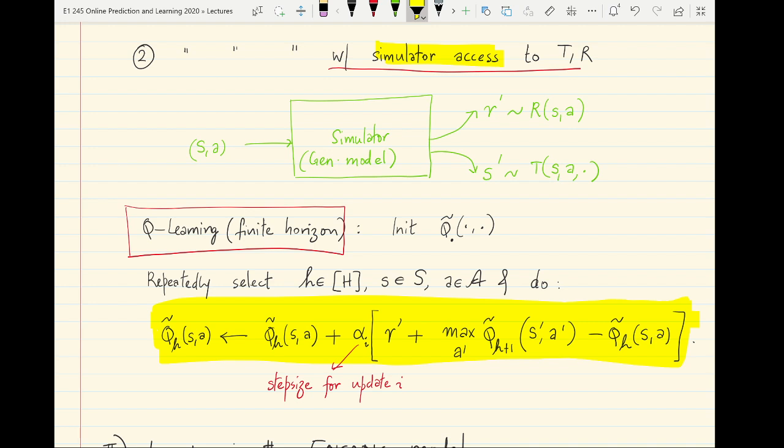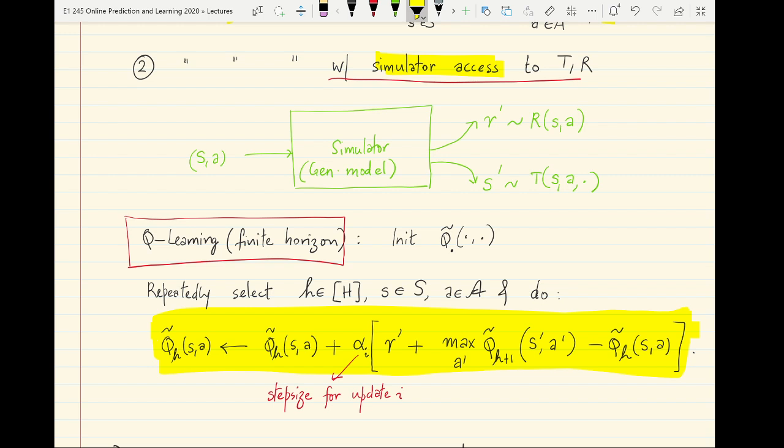Thereafter it repeatedly selects a tuple consisting of a time step within the time horizon small h, a candidate state S and a candidate action A, and implements the following recursive update: it updates the proxy for the optimal Q value function at stage small h of the MDP of total horizon capital H at the state action pair SA with its previous value plus a small correction, where the correction is equal to the reward at that state action pair plus the best possible downstream Q value estimate of the next state, minus the original value of the optimal Q value for h at SA.